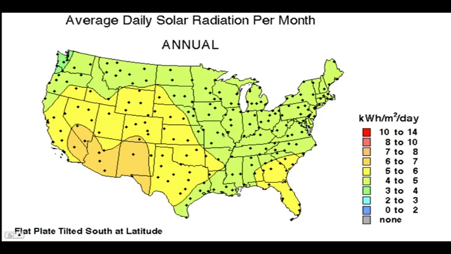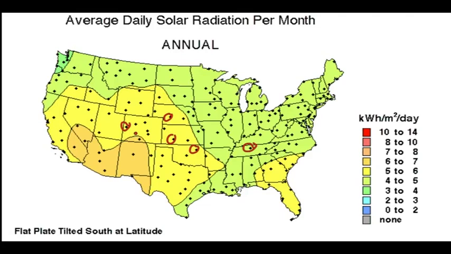And each one of these dots on this map, by the way, represents an experimental data point. In other words, they have solar radiation at all of these points, and they use that to correlate the data, and so the map corresponds with that.